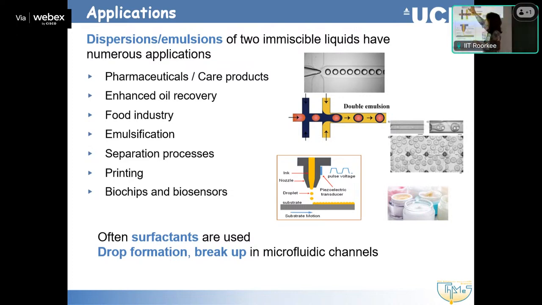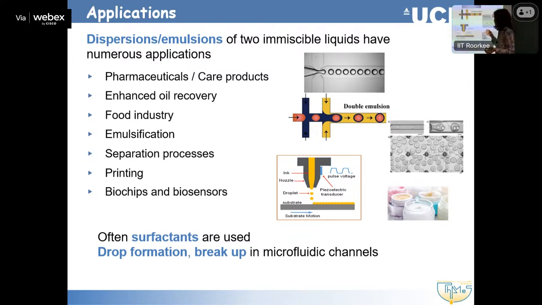People have found out that with microfluidics, we can actually get very nice, quite small or very small drops and a very narrow size distribution. And Shumana just mentioned some other applications we can go into, such as double emulsions. Printing is one area emulsions can be used, and so on.